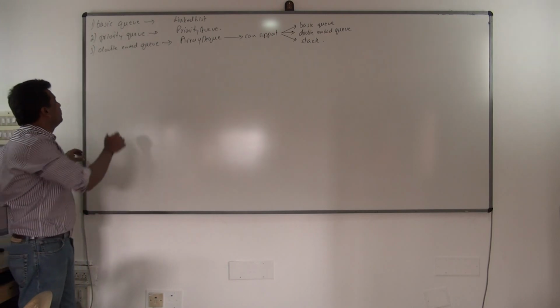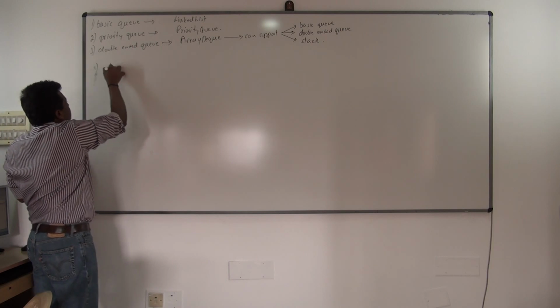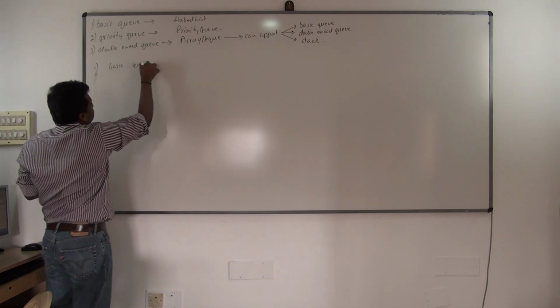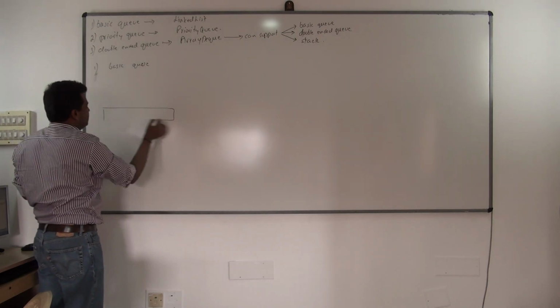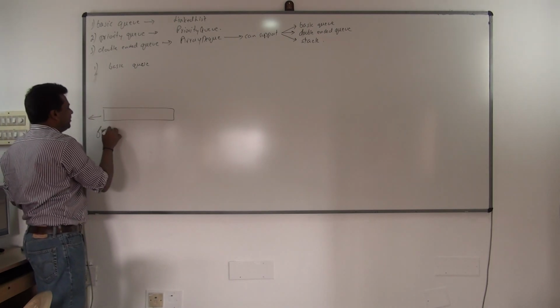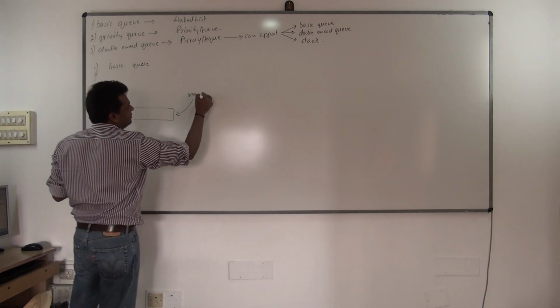Just to highlight what had happened, see the first one, basic queue. In the basic queue, this will be the data structure. This will be the front end and this will be the rear end.